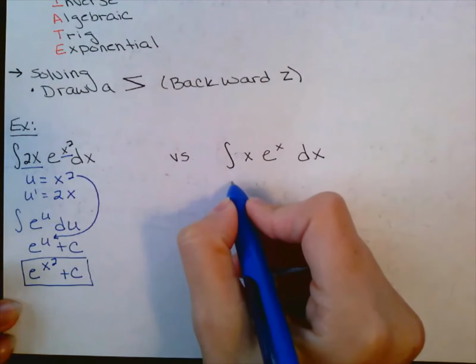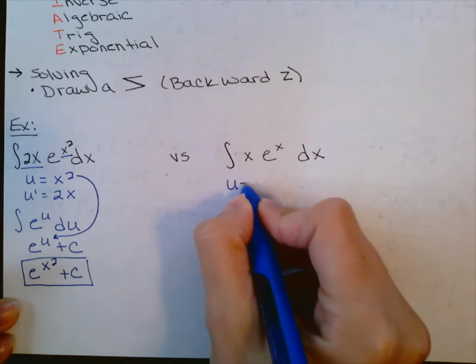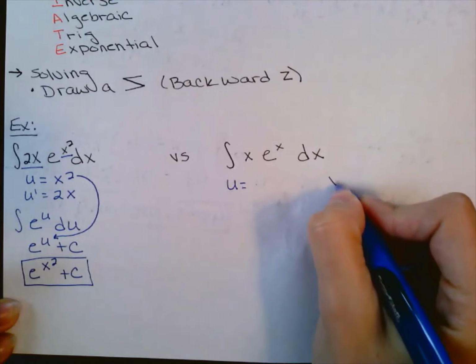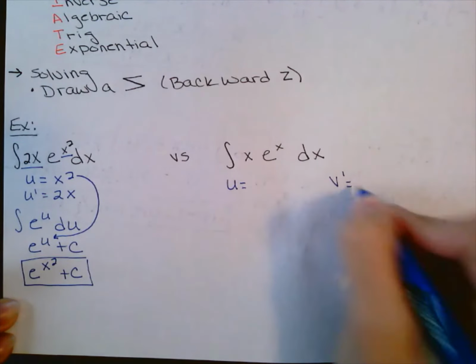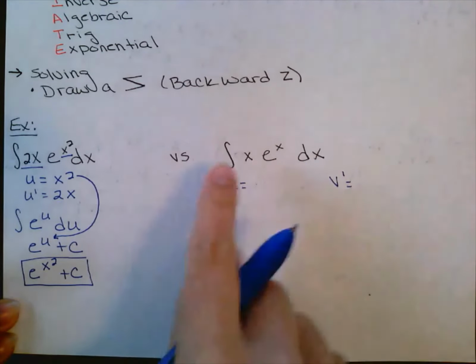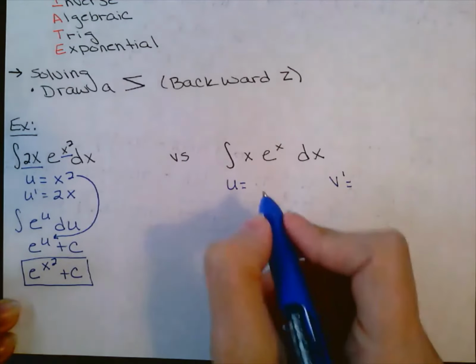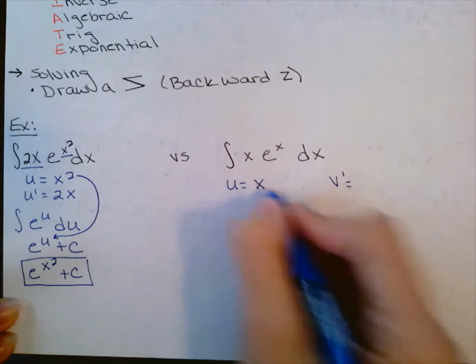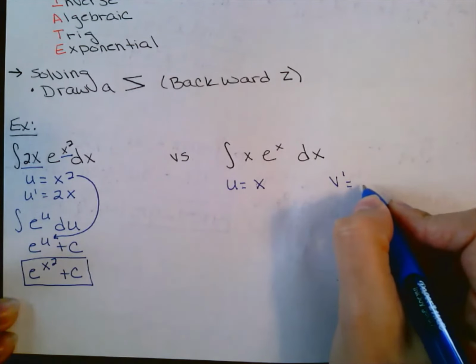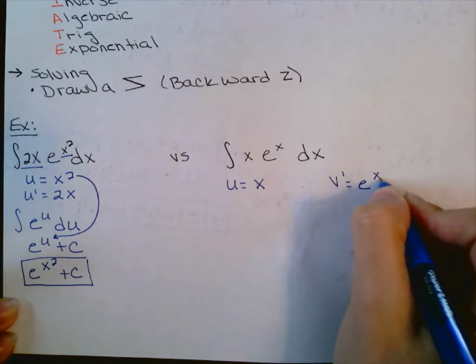I need to start off by deciding who is my u and who is my v prime. We said if there's just algebraic and transcendental, the u is going to be my algebraic and my v prime is going to be my transcendental.